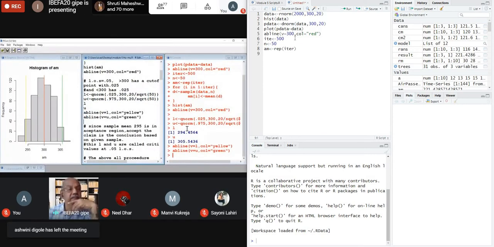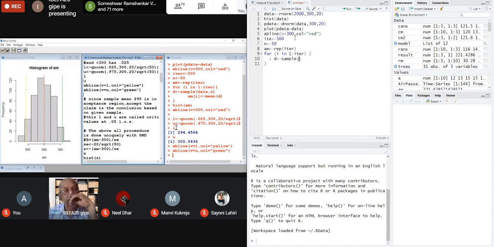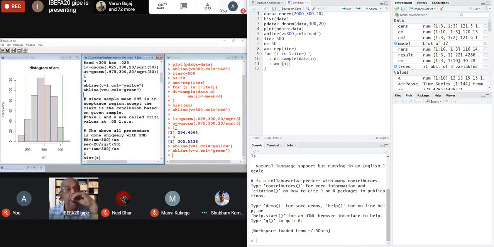How many percent of values are below the yellow line? What is the percentage of samples below the yellow line? 2.5%, so 0.025.